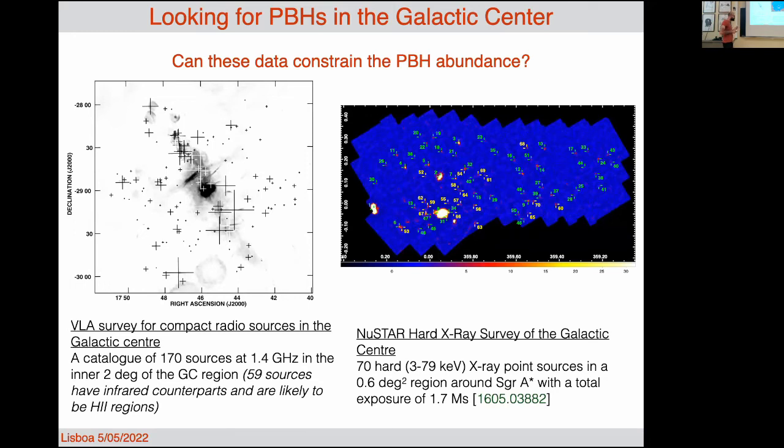You want to compute the number of X-ray and radio sources that would be expected if primordial black holes were there, and you don't want to overshoot the number of known sources, for example radio sources near the galactic center measured by VLA, and X-ray sources, for example in the hard X-ray band measured by the NuSTAR experiment. So this channel naturally produces an upper limit by requiring not to overshoot the number of observed radio and X-ray sources.